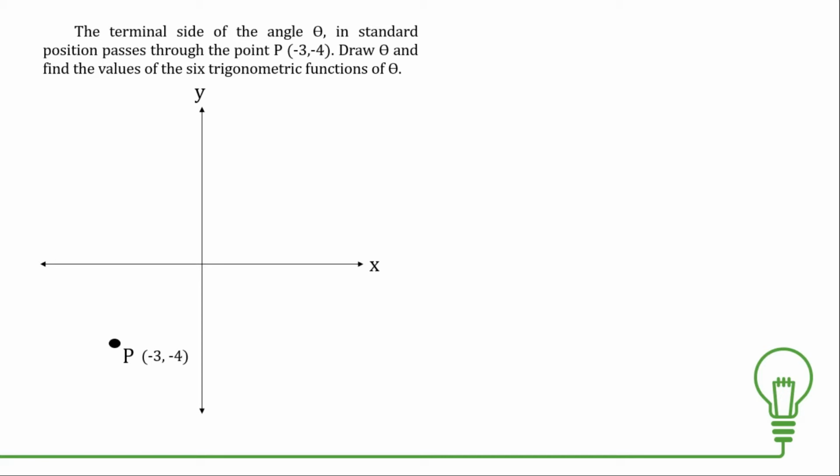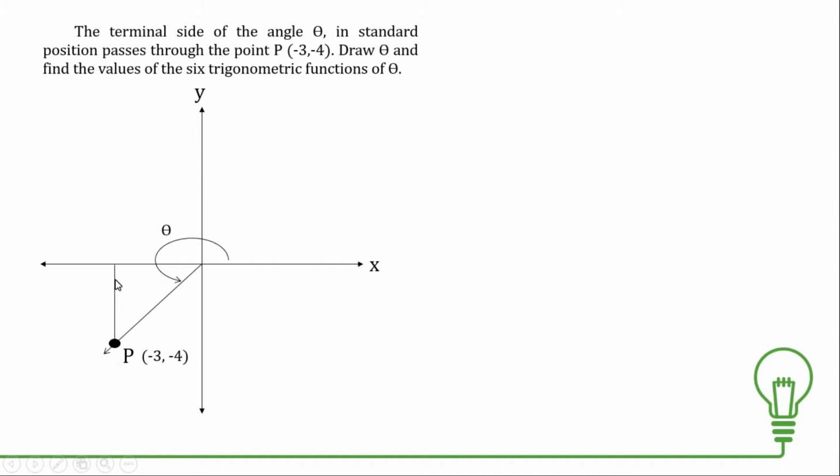So here is point P, and we connect the origin to point P to get the terminal side of our angle, and this would be angle theta, or the angle measure. Next, we draw a perpendicular line from point P to the x-axis, so that we have a right triangle.